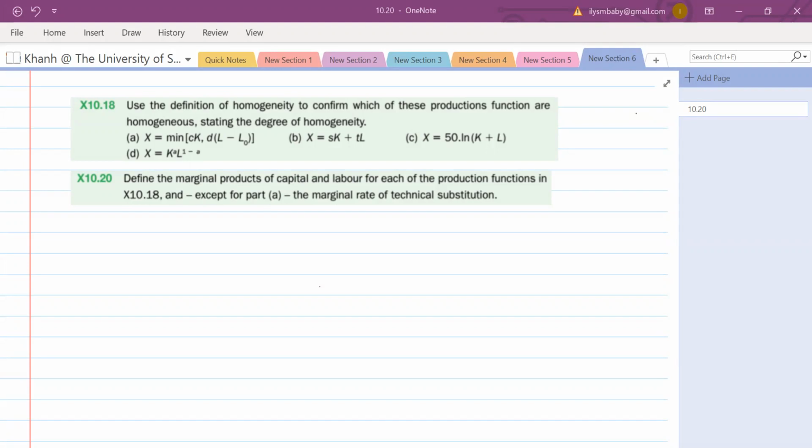Okay. All right. So for marginal products of labor and capital, we start with part A first, where this is a perfect complement production function, x equal to the minimum between CK and D(L minus L0).